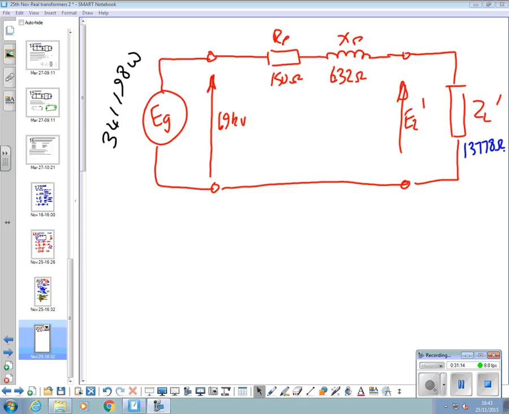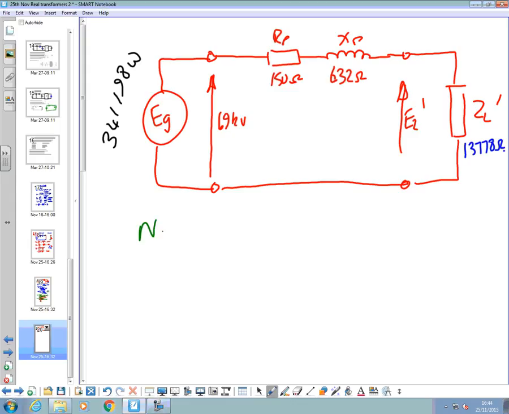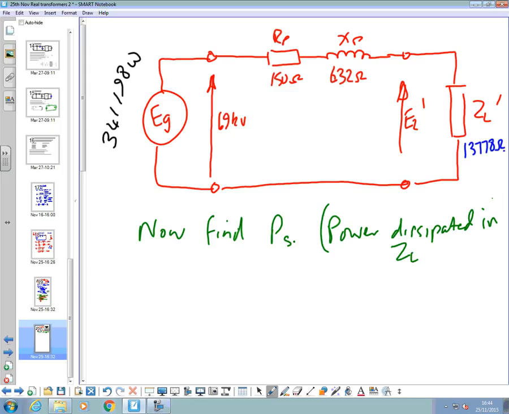You're going to find P secondary power dissipated in ZL. How can we do that?